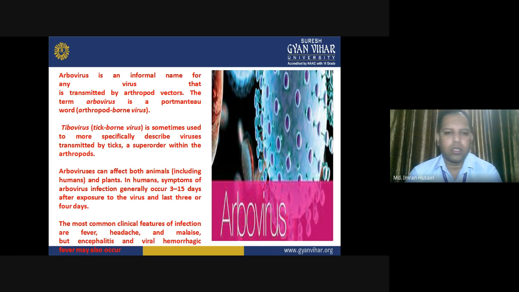They are insects, and these arbovirus types are mostly transmitted by them. Whenever they come in contact with humans, they will cause some sort of disease. Whenever they come in contact with animals, they will cause some sort of disease. And whenever they come in contact with plants, they will also cause some sort of disease.